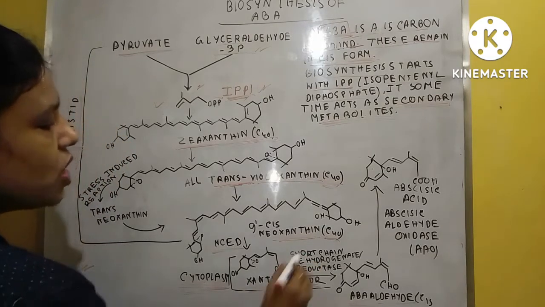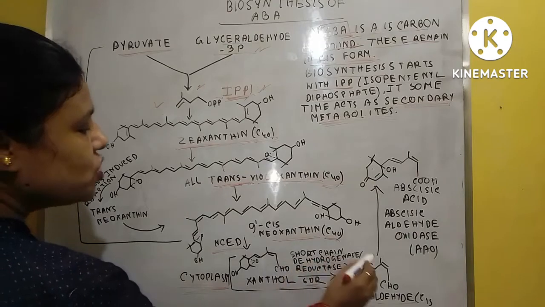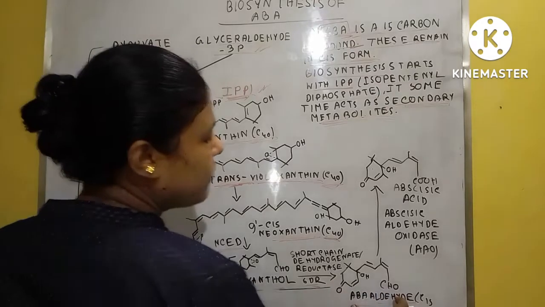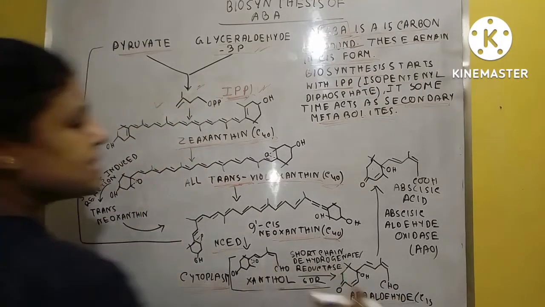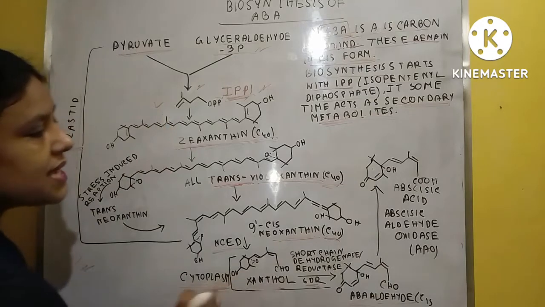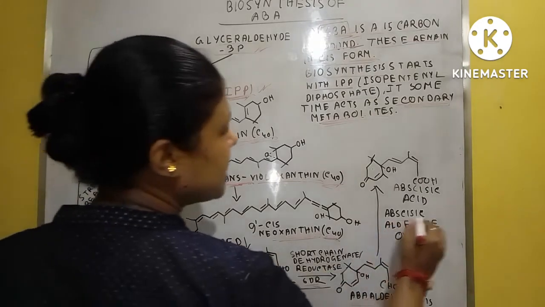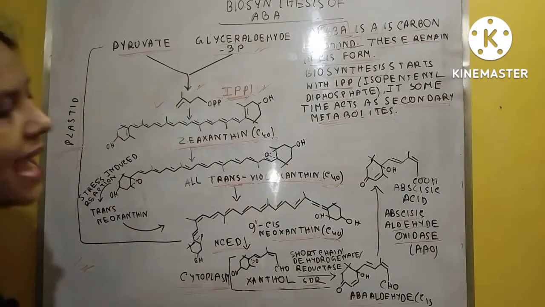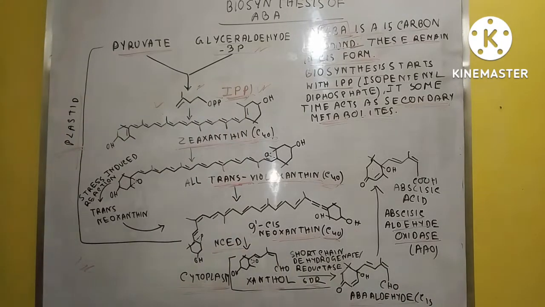What is SDR? Short chain dehydrogenase or reductase. After forming ABA aldehyde, this converts into abscisic acid in the presence of abscisic aldehyde oxidase enzyme. Clear?